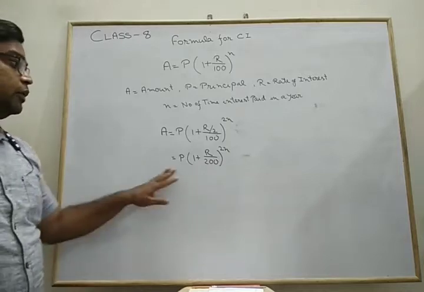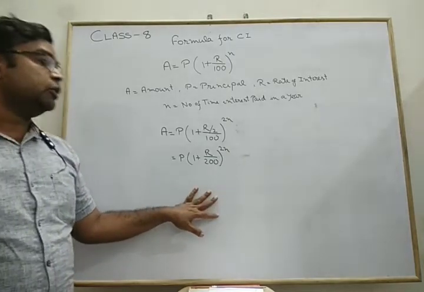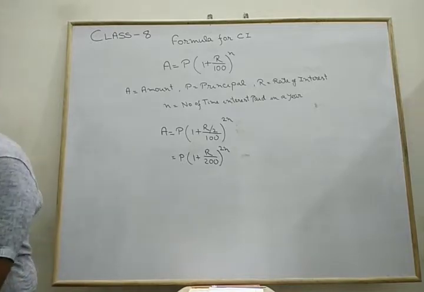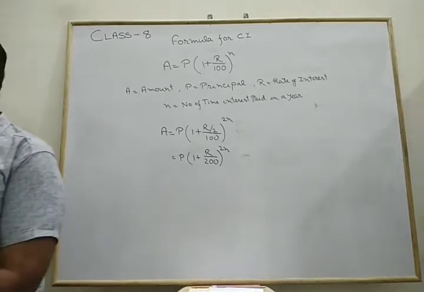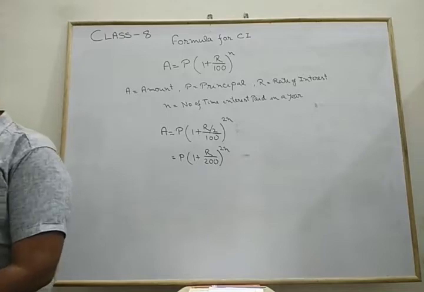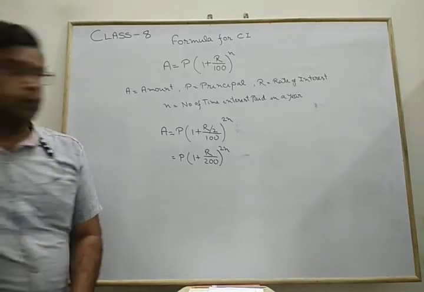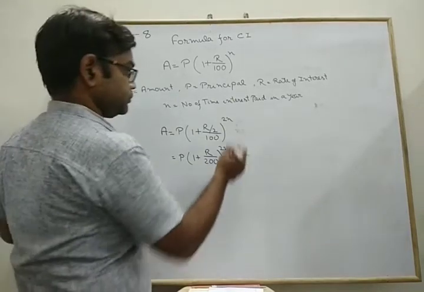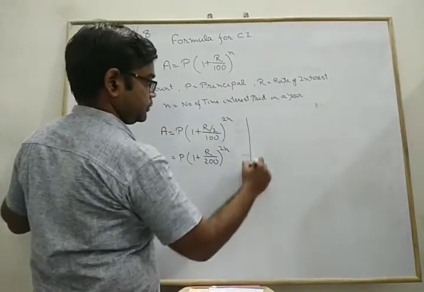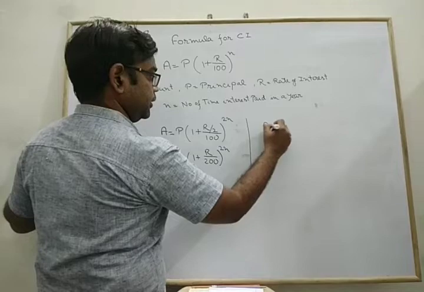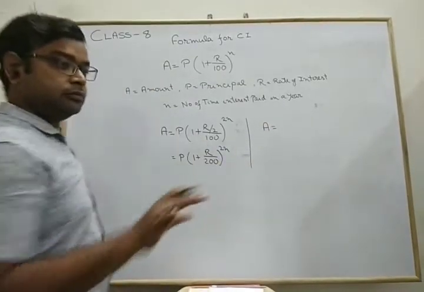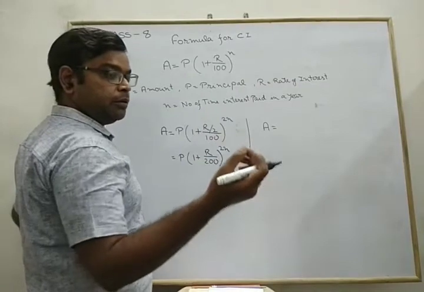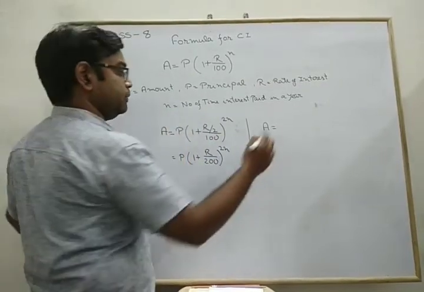Now, if a person asks you about quarterly, so in case of interest paid quarterly, we know that interest is paid 4 times with a block of 3 months.